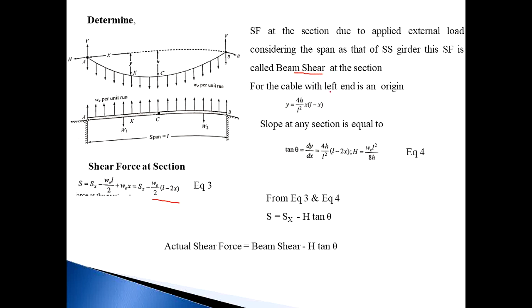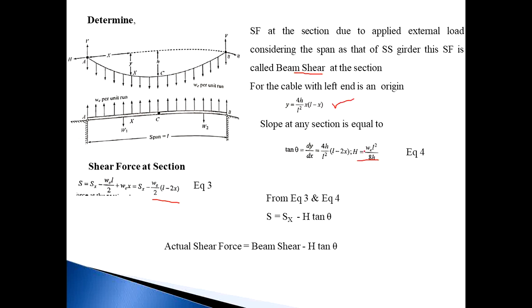And for the cable, with the left end as the origin. So this is for the girder. Now we calculate for the cable. We know the equation for the curve, that is y is equal to 4h upon L square into x in bracket L minus x. So the slope at any section is tan theta is equal to dy by dx. So dy by dx is 4h upon L square in bracket L minus 2x.